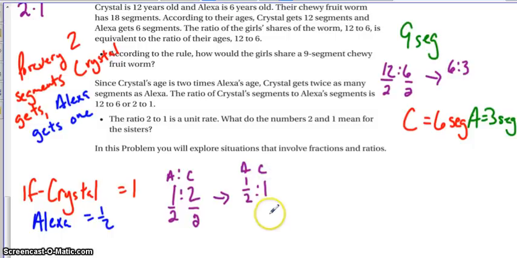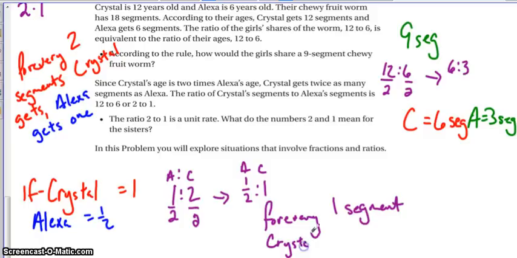Again, this is Alexa, this is Crystal. So that means that for every 1 segment Crystal gets, Alexa gets a half.